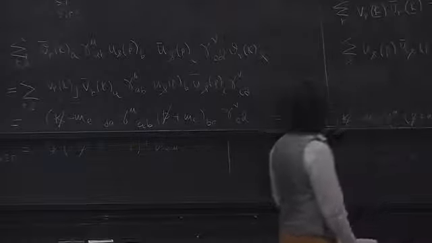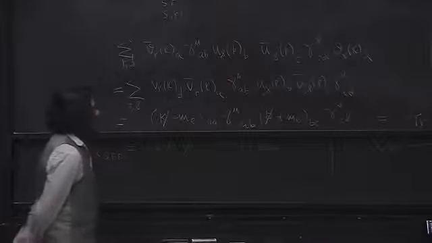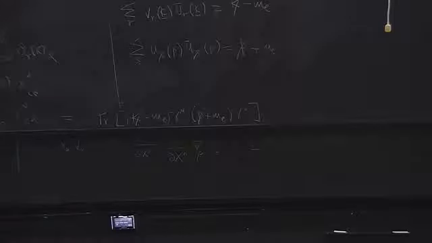Okay? So the trace comes from doing the averaging on the initial polarization and the sum over the final polarizations or spin polarizations, and then using these tricks, right?